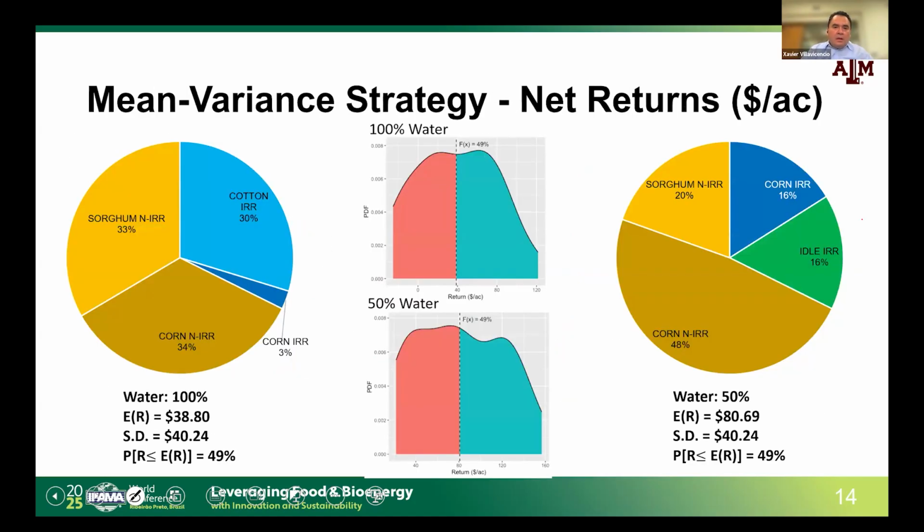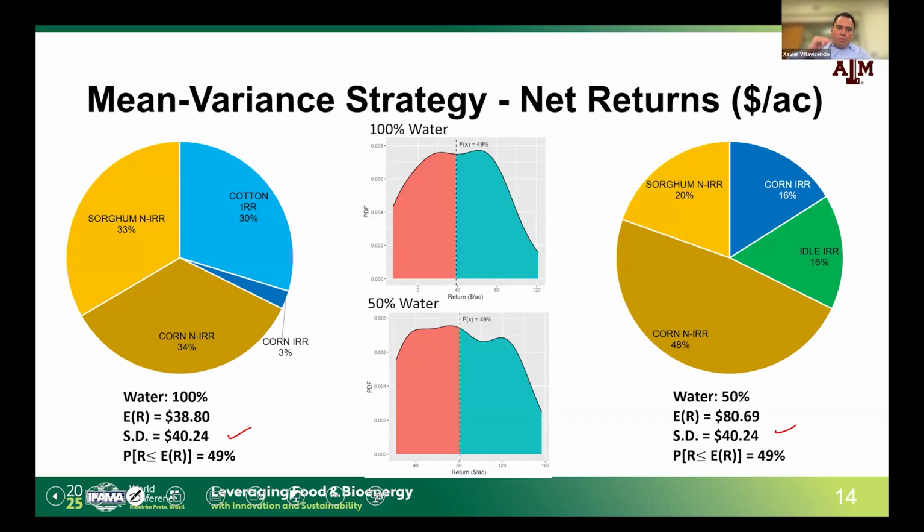So maybe it is more important to show the conclusions from the results, but I want to show the result here. What happens when we apply the mean variance strategy? In the mean variance strategy, we are defining the same standard deviation as before, okay?